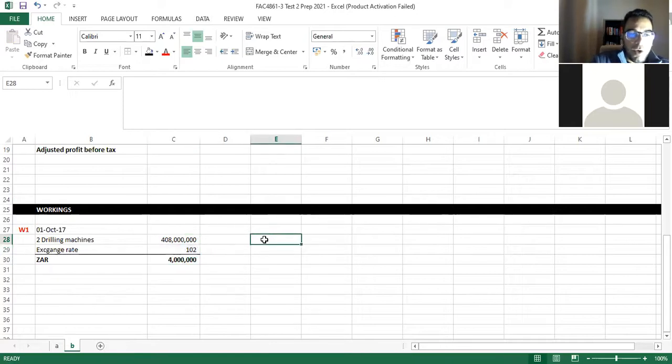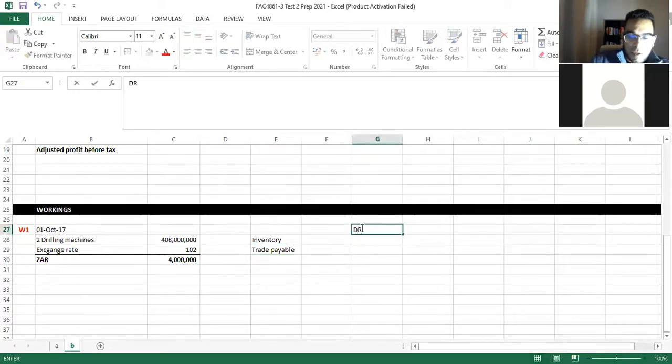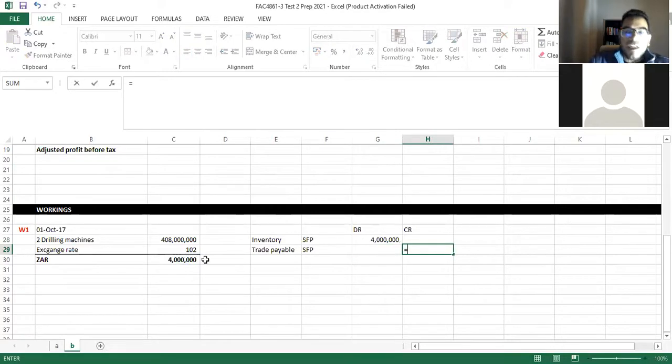So this journal entry on 1 October would be inventory, trade payable, both SFP. The journal entry would simply be debit inventory for the 4 million, which makes sense. We expect it to be 2 million rand each, and credit trade payable 4 million.